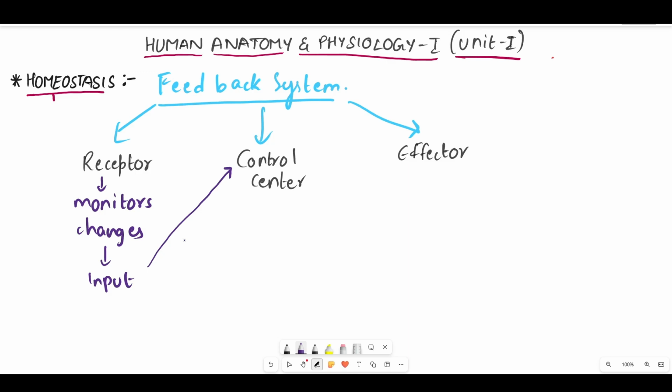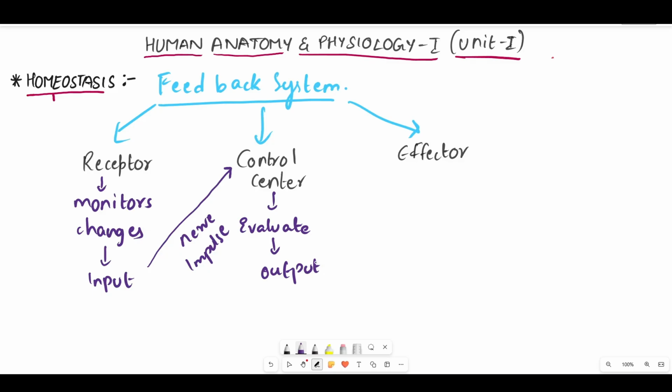What does the control center do? Once it gets the input from the receptor, it evaluates the input obtained from the receptor. Once after evaluation, it generates the output. This input and output are carried through nerve impulses.